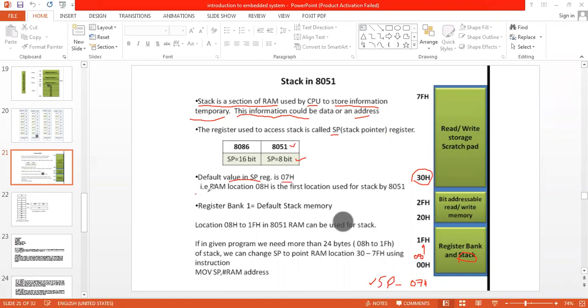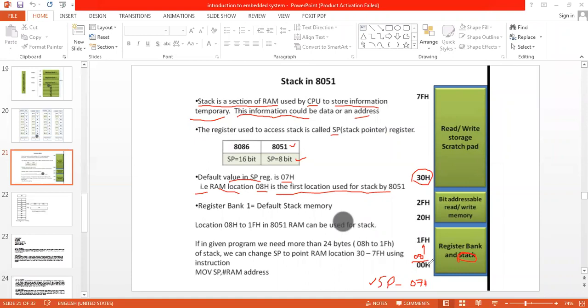So RAM location 08H is the first location used by the stack. That is, the stack is going to start from 08H. 00 to 07H are used for general purpose registers, and 08 to 1F can be used either as registers or as stack memory.